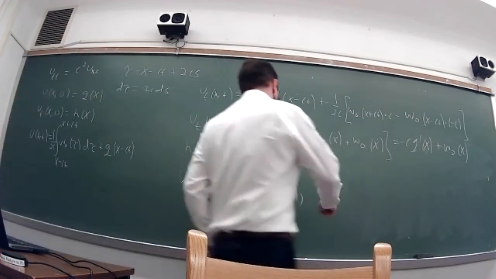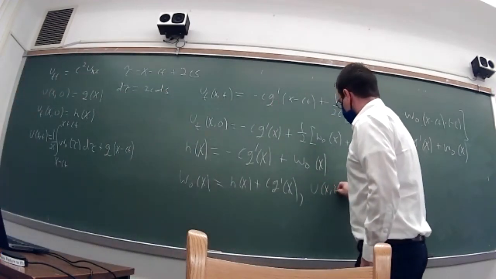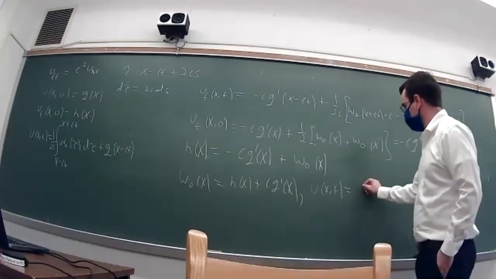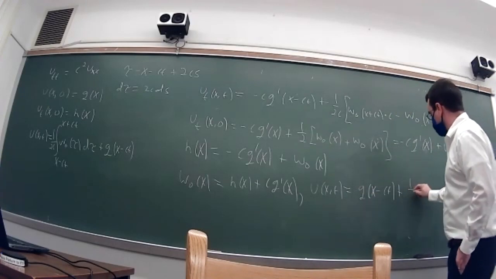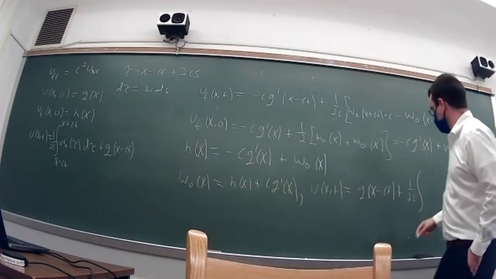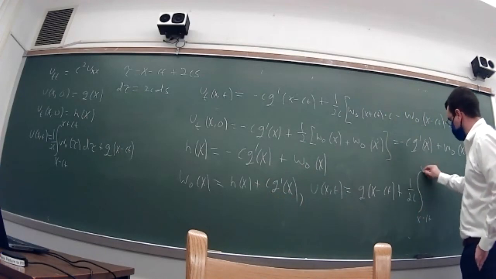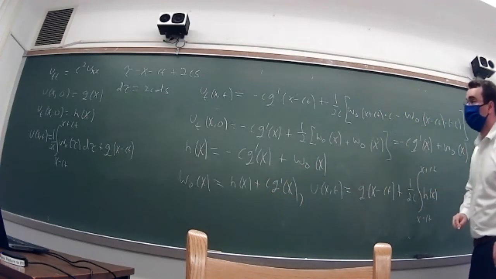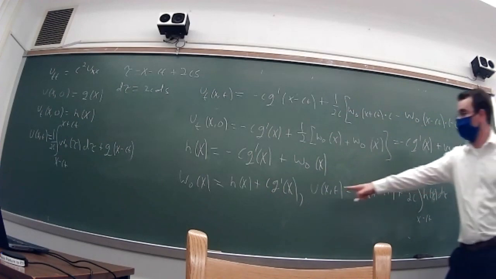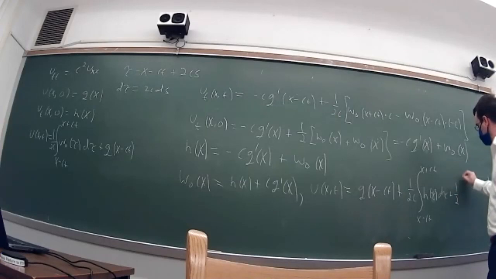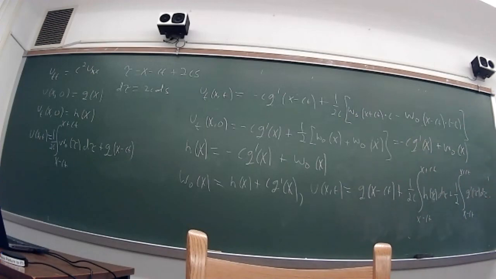So if you plug this in, u(x,t) is now equal to d of x minus ct plus 1 over 2c times the integral of h of tau d tau, and then plus d prime of tau d tau.